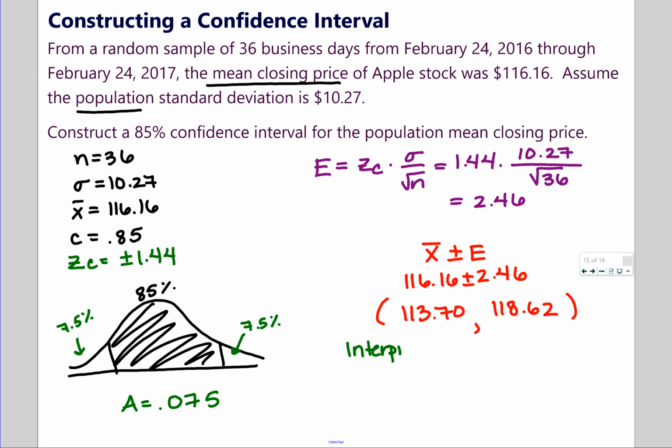So the interpretation is, remember, we are always estimating the population mean. That's the whole goal of this.